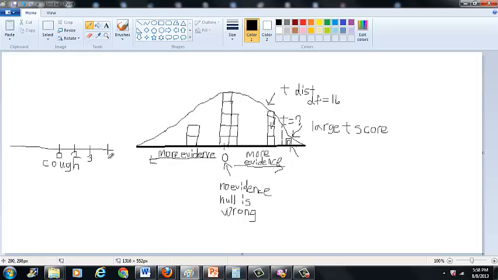This 0 is showing no evidence that the null is wrong. Well, first I have to say what the null would be. Remember that the null is always the absence of something. And in this case, it's the absence of a cold.